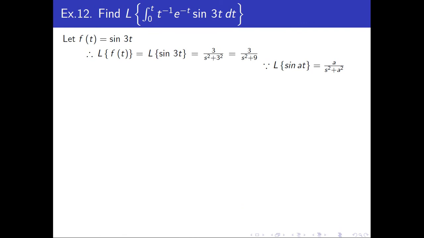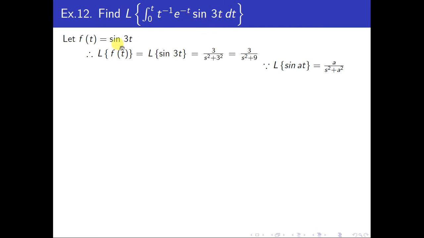Find Laplace transform of integration from 0 to t of t raised to minus 1 e raised to minus t sin of 3t dt. Here we are supposed to find the Laplace transform of an integral with the product of a trigonometric function, an exponential function and an algebraic function. So, as usual, let us first find the Laplace transform of sin of 3t.